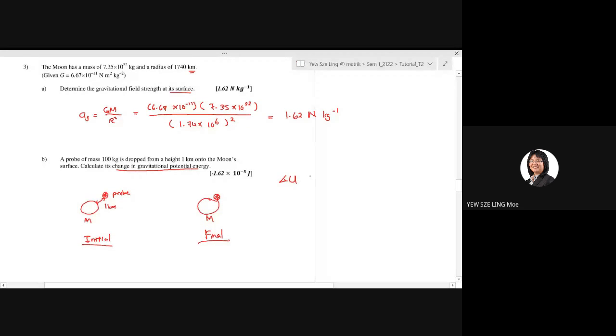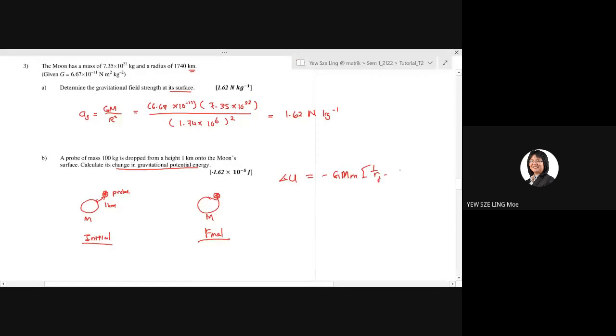Delta U equals negative GMm, bracket, 1 over R final minus 1 over R initial.